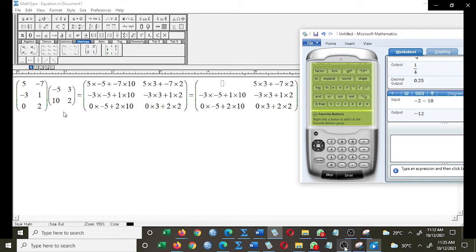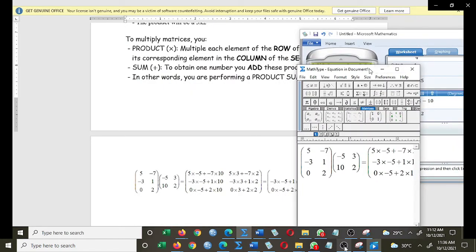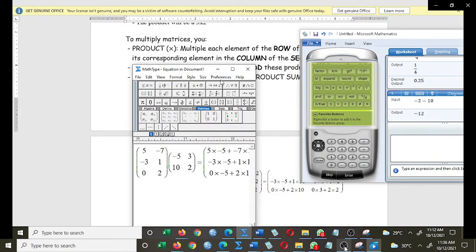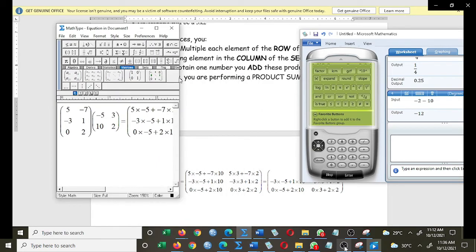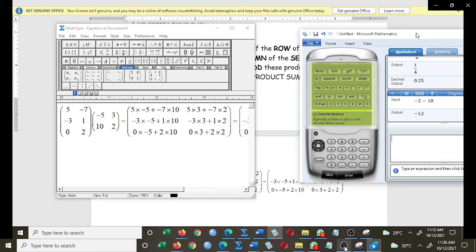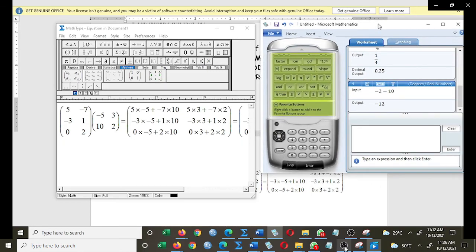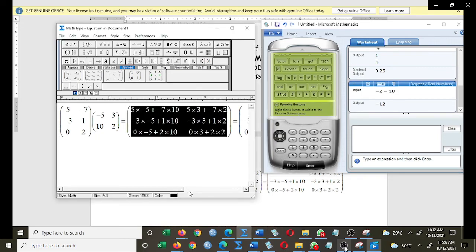So what do we have now? 5 times negative 5 plus... negative 95.